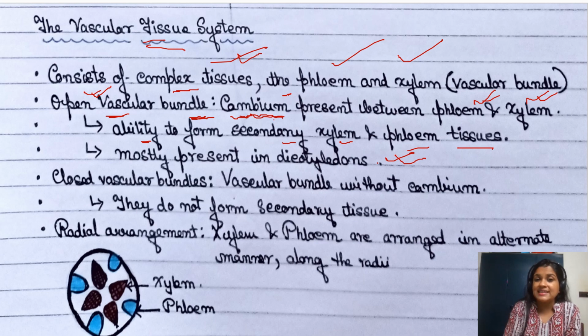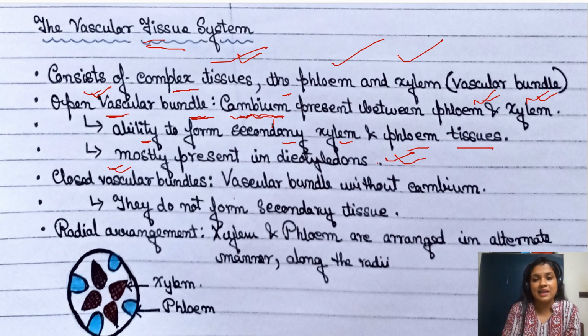Here cambium is present between xylem and phloem, and it has the ability to form secondary xylem and secondary phloem tissues. Now let us come to closed vascular bundles. These are without cambium.